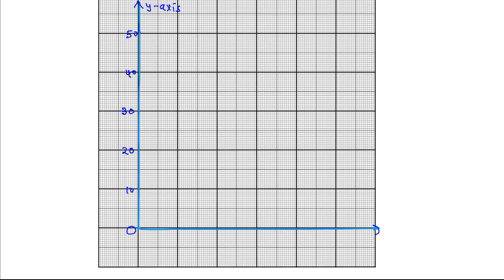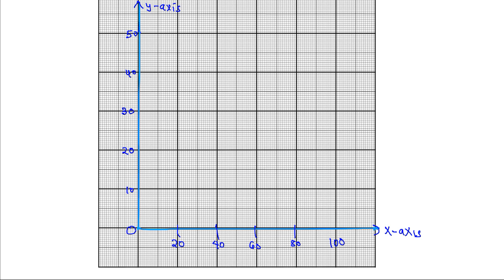And this is our y-axis, and this is the x-axis. In the x-axis we have 20, 40, 60, 80, and then 100.